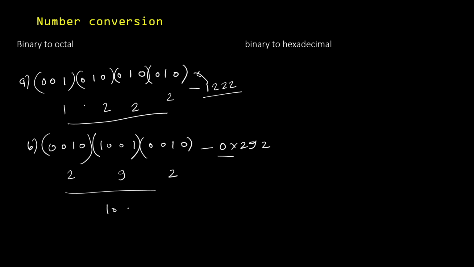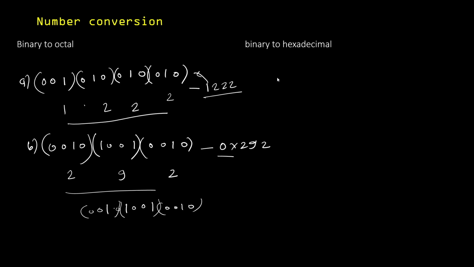What if we have the number 10 1001 0010? If you do groups of 4, these two digits will be remaining, so you need to add 2 zeros. At the end, you are going to get the same number. This is how you can convert from binary to octal or binary to hexadecimal.